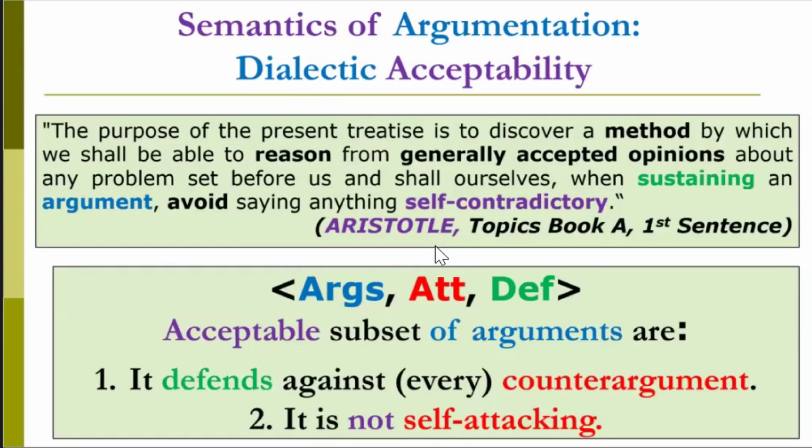Okay, so once you have this machinery, which is general and abstract, then what you need to define is what is a good argument, or what is a good set of arguments that build a case for the position or the conclusion or the solution, right? And Aristotle tells you in his first sentence of the Topics, which is the specific set of books that study argumentation, that you have to sustain your argument.